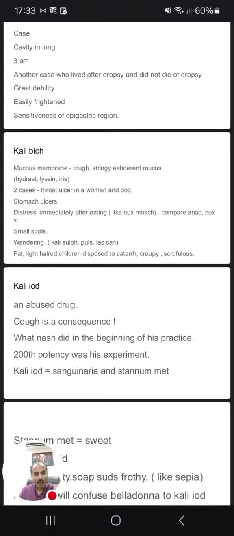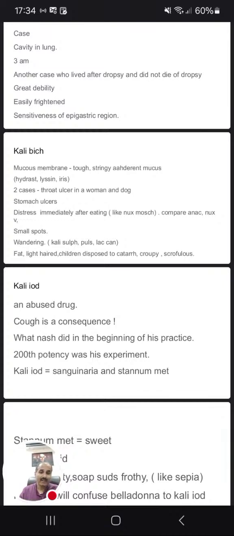All the homeopaths who are starting their practice somewhere need to experiment with higher and higher potency, and they are afraid to go higher because they feel that the patient will have an aggravation. But for Nash, 200 was the highest potency. How he experimented, how he employed it and gave results and got the confidence, you need to read Nash to understand it.